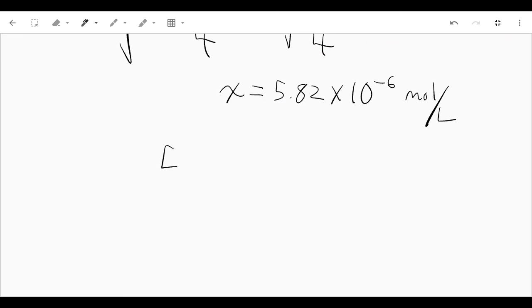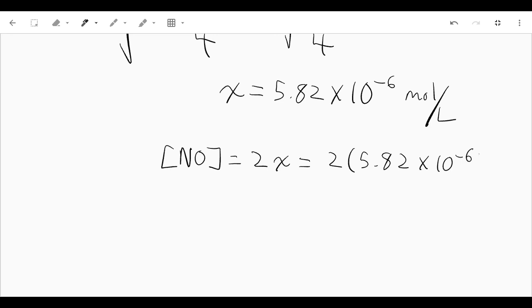So the concentration of the nitrogen monoxide was equal to 2x, so we're going to have to double this. It'll be 2 times 5.82 times 10 to the negative 6. Once we plug that in, our final concentration is going to be equal to 1.2 times 10 to the negative 5 moles per liter.